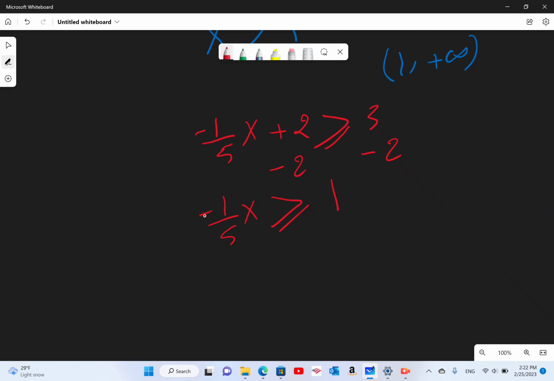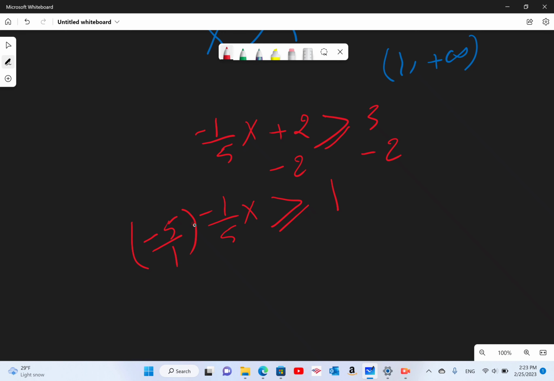If we want to get rid of negative 1 over 5, either we divide by negative 1 over 5, or it is the same thing as multiplying by the inverse of negative 1 over 5, which is negative 5, which is negative 5 over 1. So negative 5 will cancel out, and 1 will cancel out.